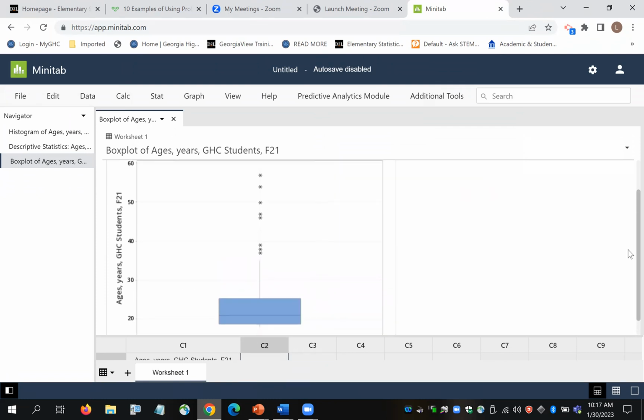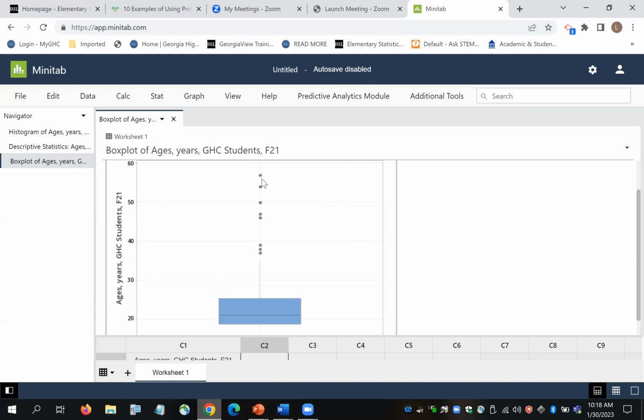Now, the box plot that you see here looks quite different from the one I drew by hand, but all of the information is there. One of the things that you see on the box plot here in Minitab are these stars. The box plot will visually show you the outliers.